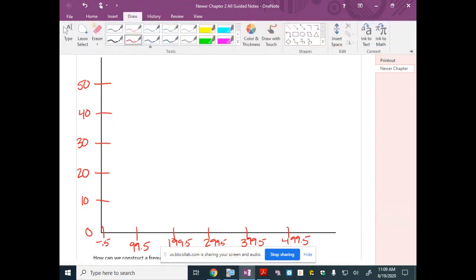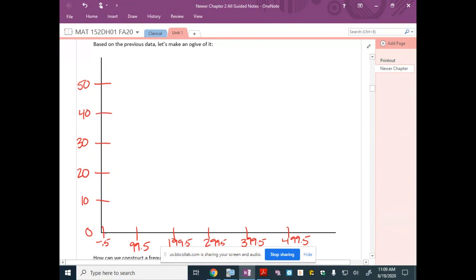So, how many were below negative 0.5? 0. How many were 99.5 or lower? What was the cumulative frequency? 8. Right about here. So then we'll start connecting.